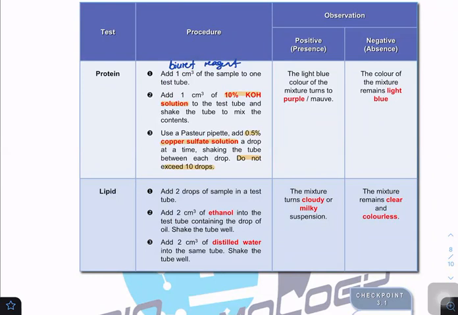If protein is present, you will see the color change: the light blue from the copper sulfate solution will change into purple. If it is negative, meaning no protein, it will remain as light blue. Are you clear so far? The light blue is the color of the copper sulfate solution.